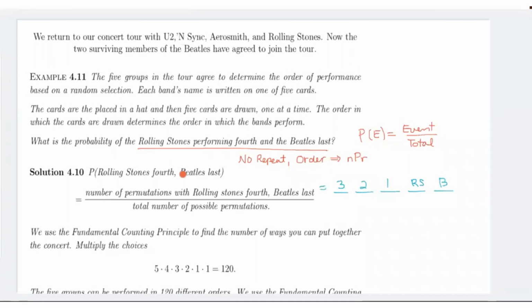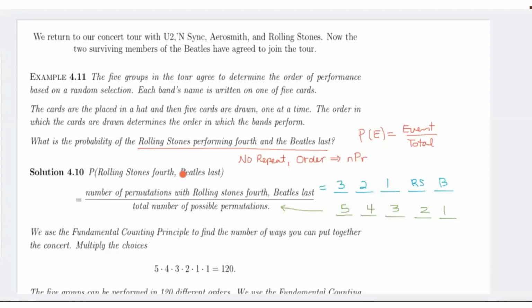Are we okay with this? This is the event. But for the total, there is no restriction. So we still have 1, 2, 3, 4, 5, no restriction. There are 5 members, so 5 ways to choose the first, 4 ways to choose the second, 3, 2, and 1. This is the total number of ways.